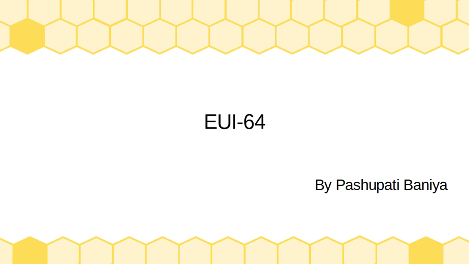In other words, the meaning of the U/L bit in the modified EUI-64 is inverted compared to the meaning assigned by IEEE. This is the reason for calling this address the modified EUI-64.